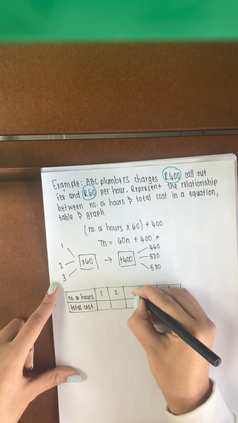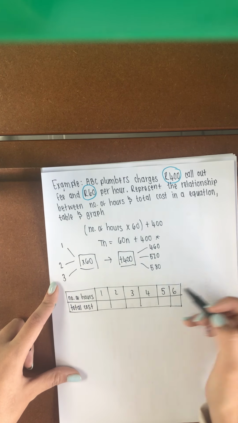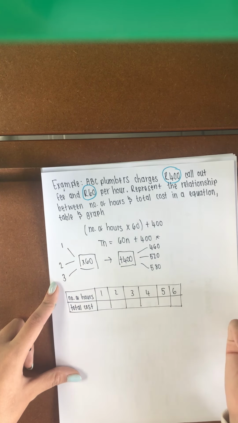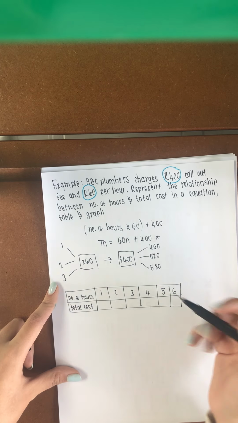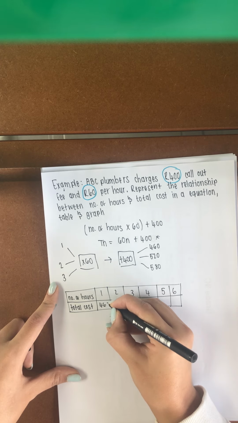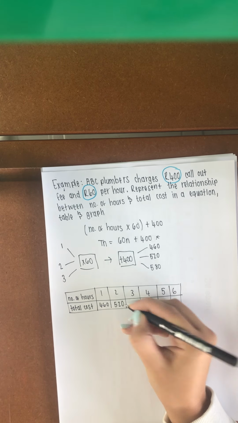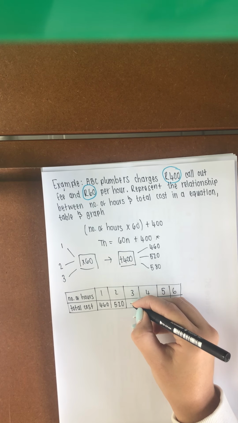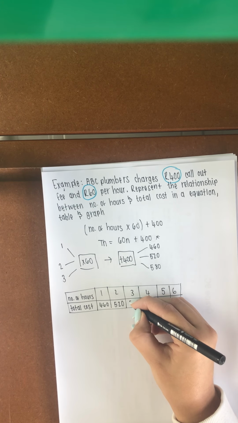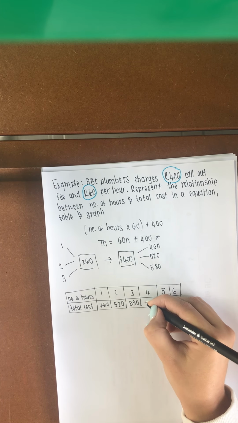You can do as many as you like. Sometimes they give you the table so then you know exactly how many to do. So 1 gives me 460. 2 gives me 520. 3 gives me 580. And 4 gives me 640.